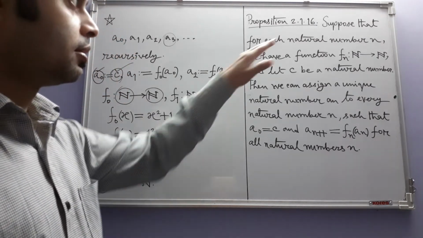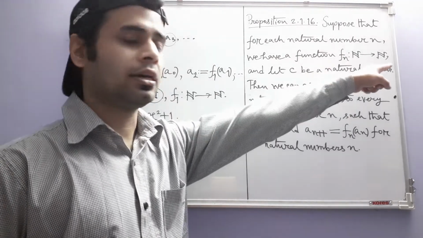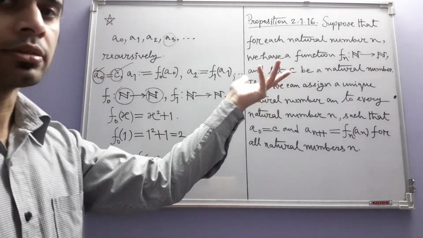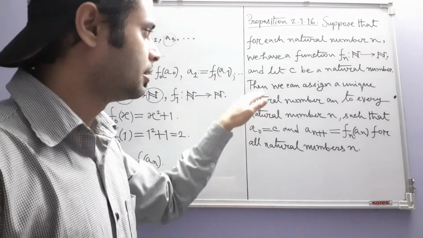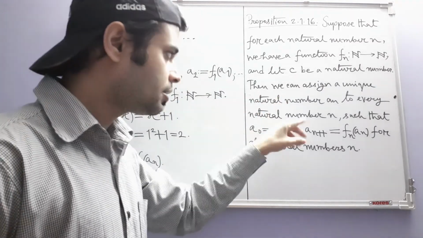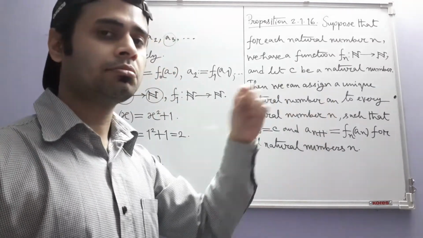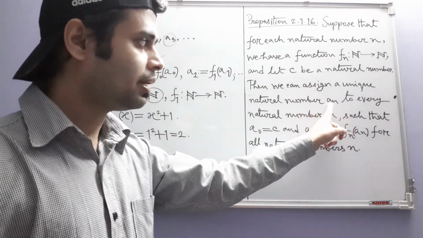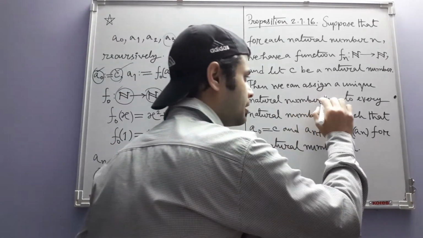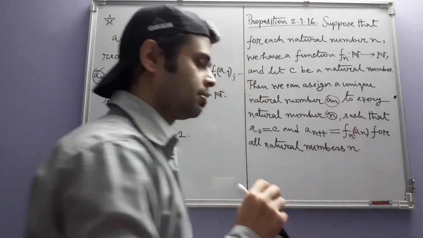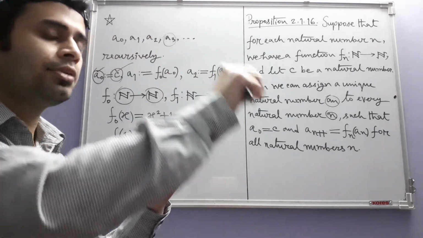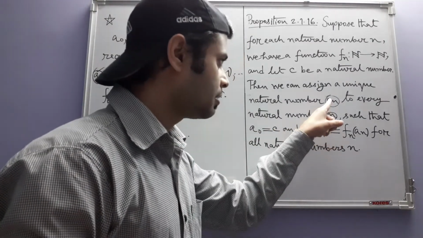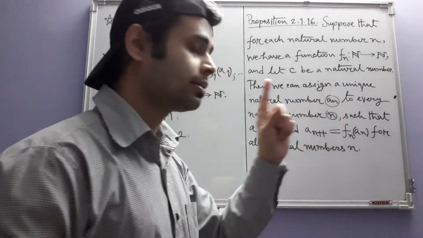What it says is, for every natural number n we are given a function, and also we are given a natural number c, which can be any natural number. It can be 0 or 1 or 2 or anything. Then to each natural number n we can assign some natural number an, which I am denoting with a suffix n because this an depends on n. Once n is given, you can give some value an. So to each n there is assigned a natural number an, and that is unique.